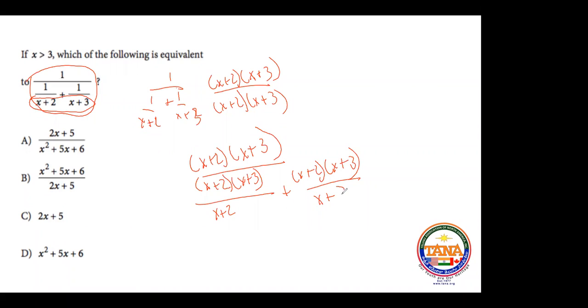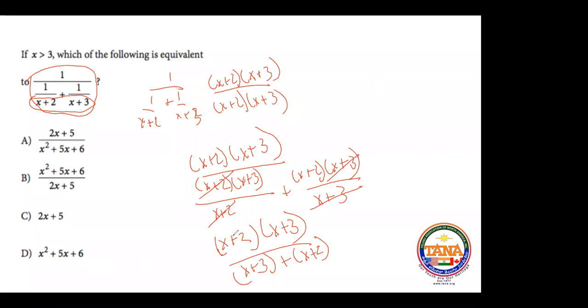Oops, x plus 3. And what happens here is you cancel out these two because they're multiplied, and you cancel out these two, and you get x plus 2 times x plus 3 over x plus 3 plus x plus 2.